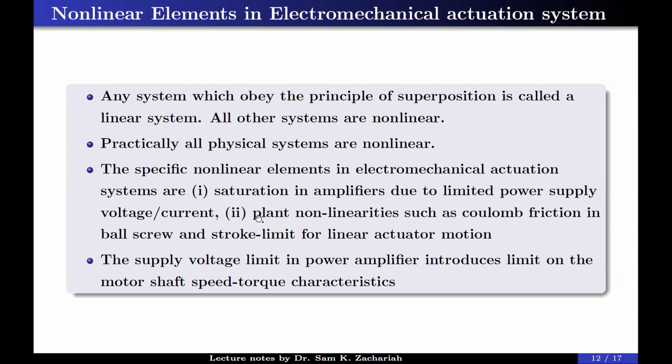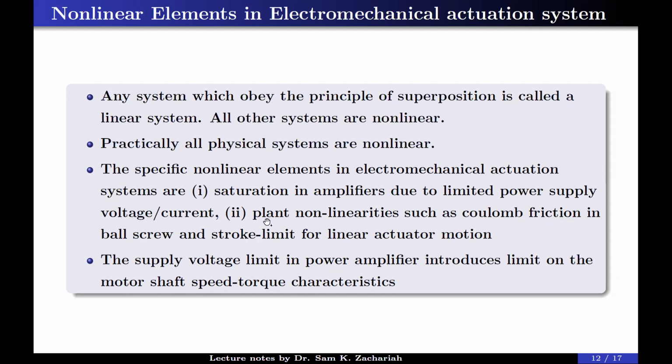We can classify them into two groups. One is the non-linearity coming in the electronics part. Another is the non-linearity coming in the mechanical part, which you sometimes call plant dynamics. The non-linear elements in the electronics part are saturation in amplifiers due to limited power supply, voltage or current.